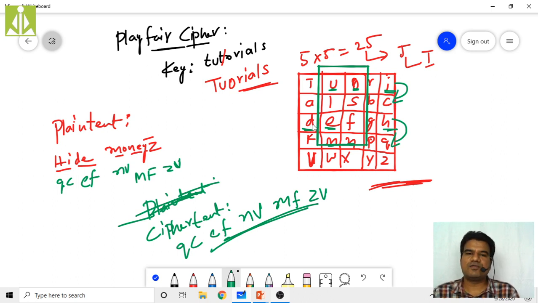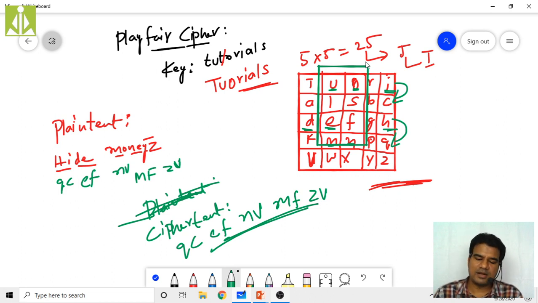If both letters are in the same row, select the immediate right side letter. If they are not in the same row or column, draw a rectangle by keeping those two letters as corners and select the subsequent corner letters. In that way, this Playfair cipher will work.